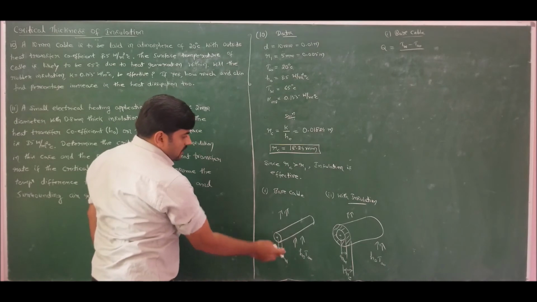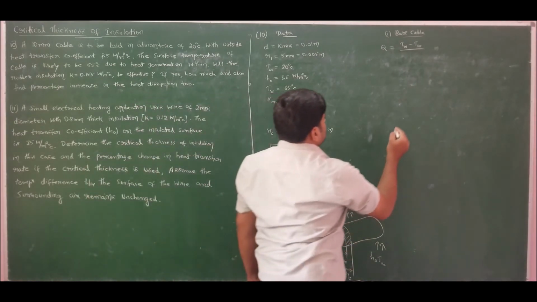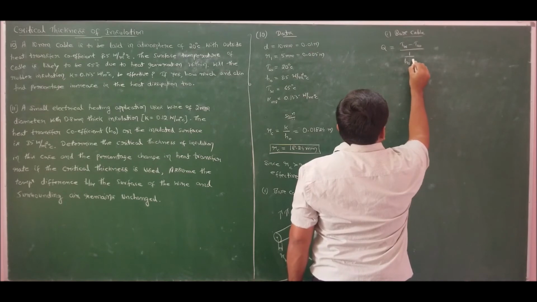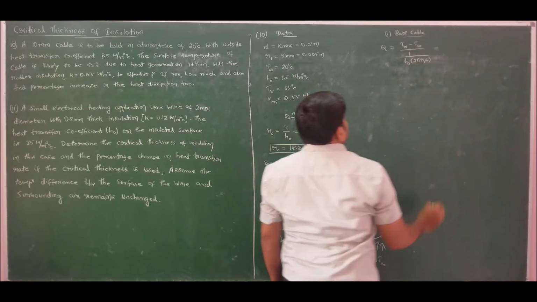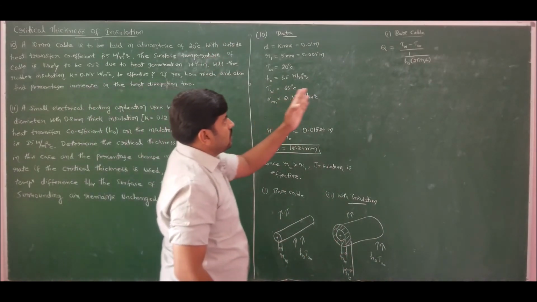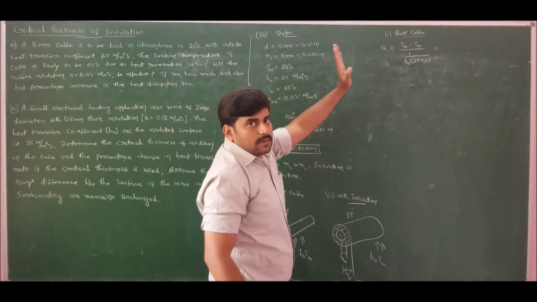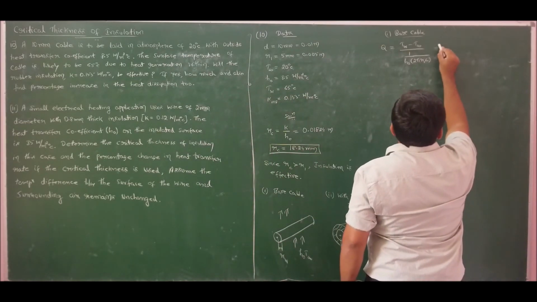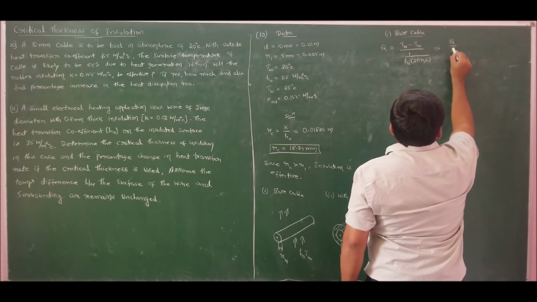Here the resistance is only because of convection, hence it is just convection, that is 1 by h0 2 pi R1 L. If you observe, he has not specified the length of the cable, hence we will solve it for heat loss per meter length.